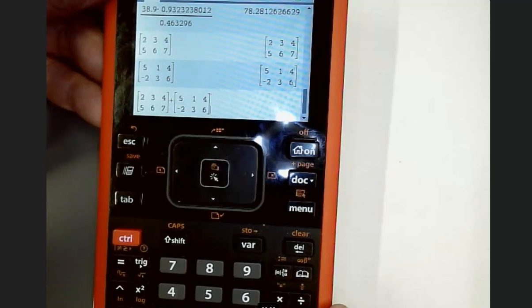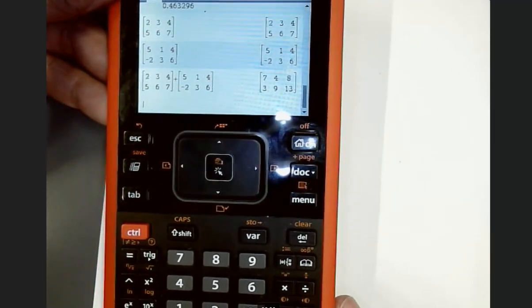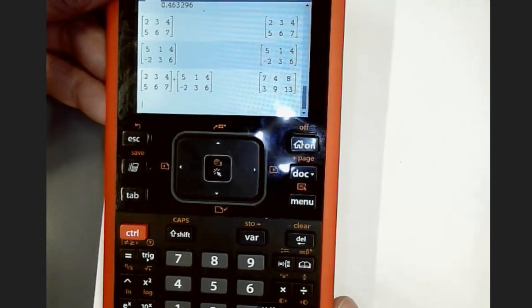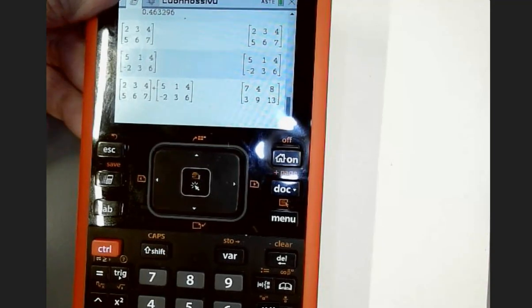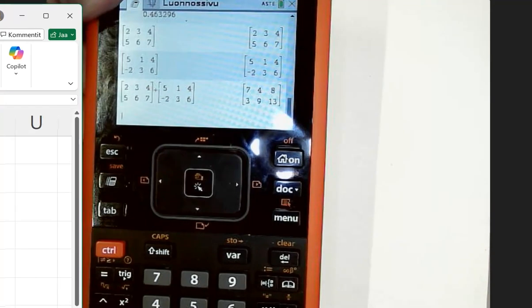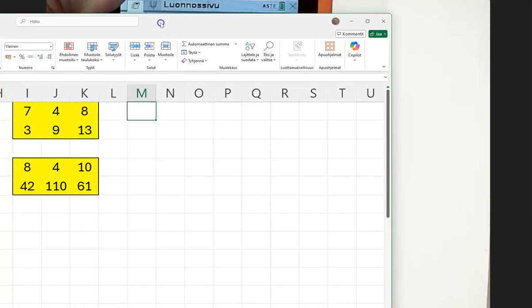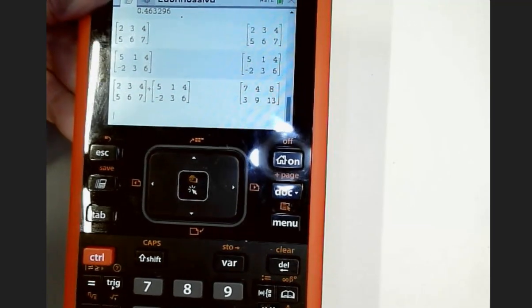Probably you see the plus sign in between those matrices, and press enter. That gives us the same result that we got from Excel, 7 4 8 and 3 9 13. So this gives us the same answer.